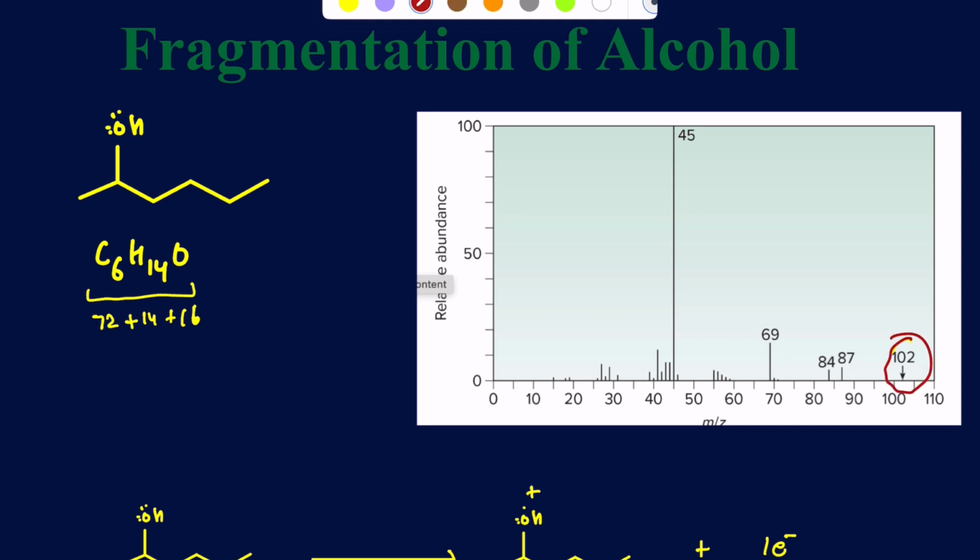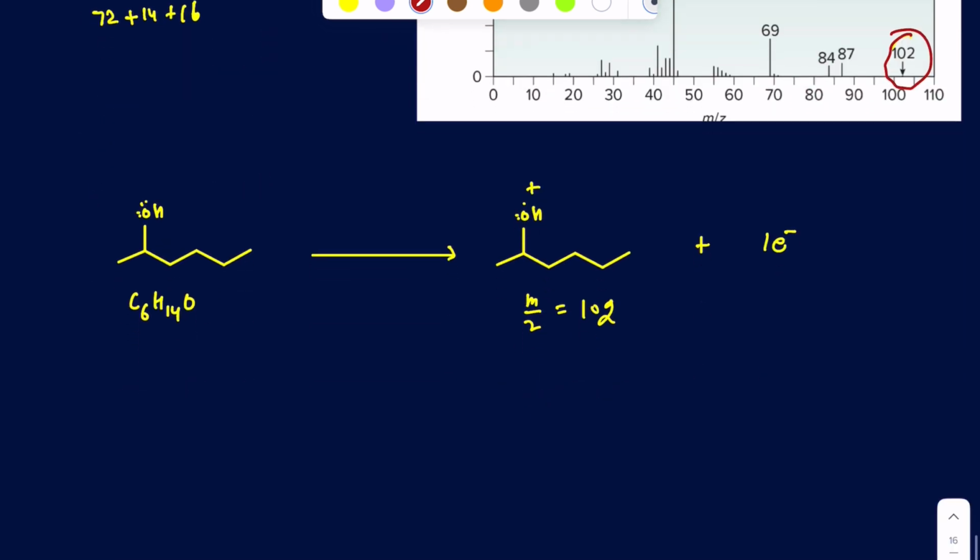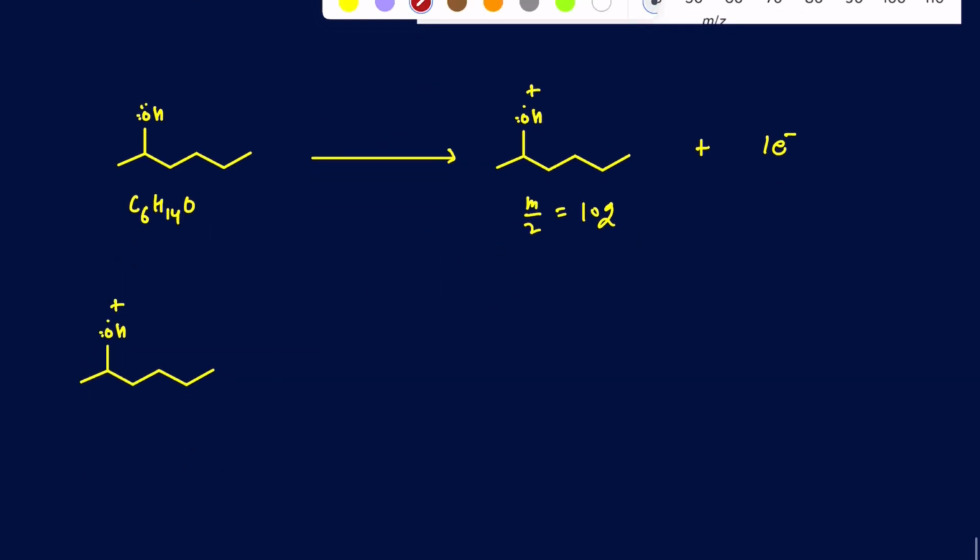And that's because alcohols are not fairly stable, and as a result, they undergo something called a loss of water as one of the types of fragmentation. So typically what I'm going to be seeing here is I'll lose the water as a dehydration reaction.